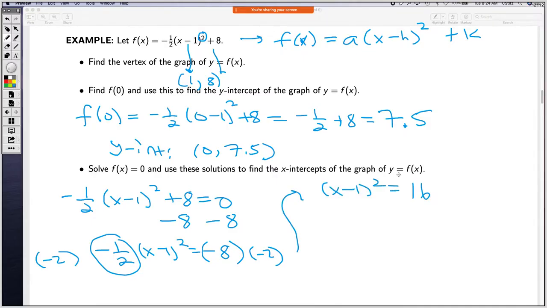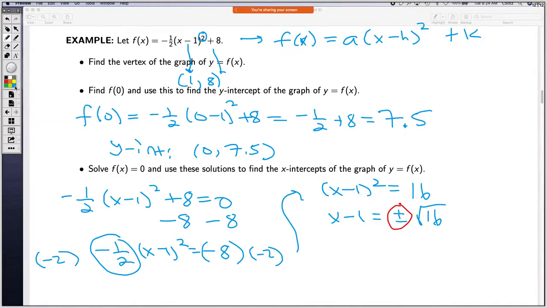Now I'm going to extract the square roots. x minus 1 is plus or minus the square root of 16. Don't forget the what? Plus or minus. You're trying to solve an equation here, so not only do you want the regular square root, which gives the positive root, but also make sure to capture the negative root.